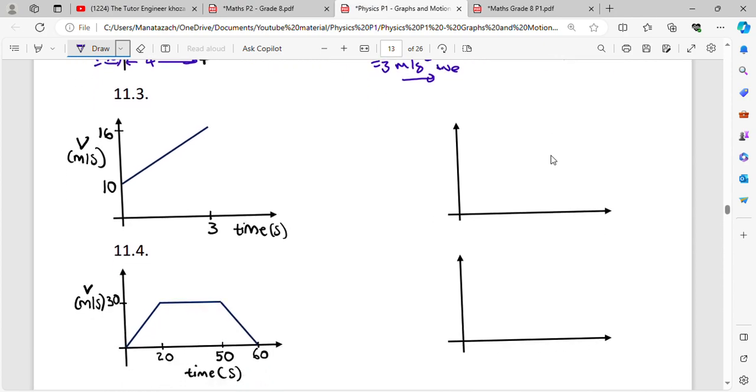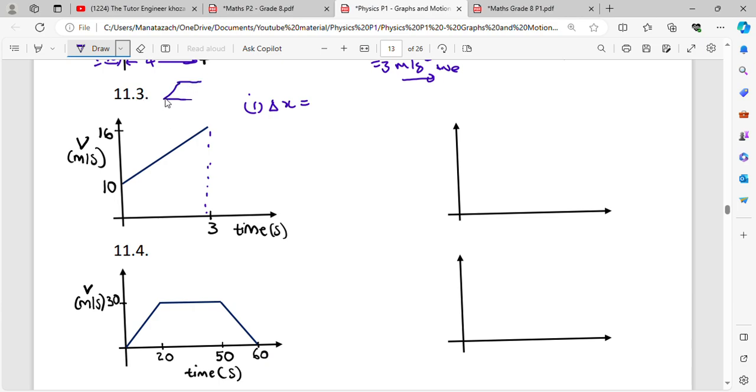Then 11.3, same exercise. Displacement is the area under this graph. You just have to recognize that this is a trapezium, right? So you know the equation of the trapezium, let me write it here.